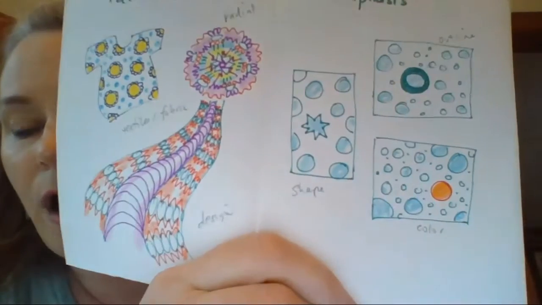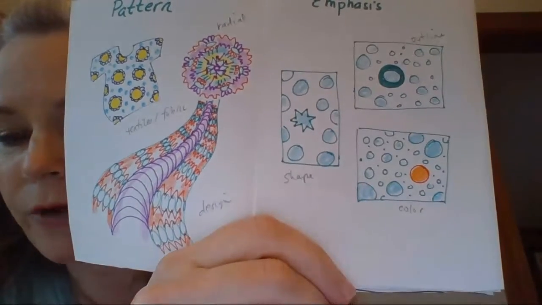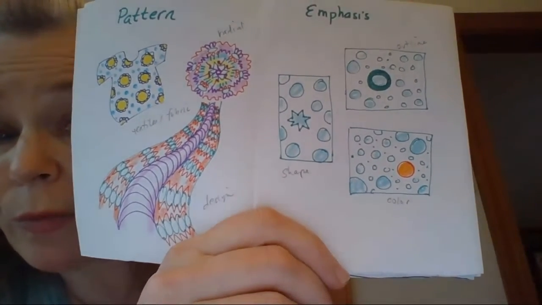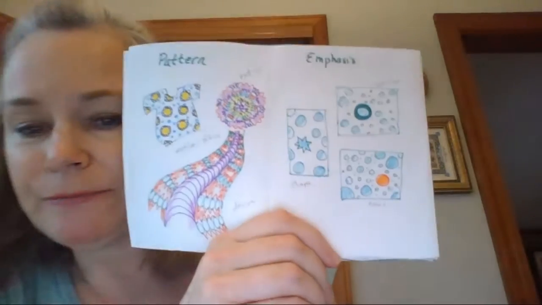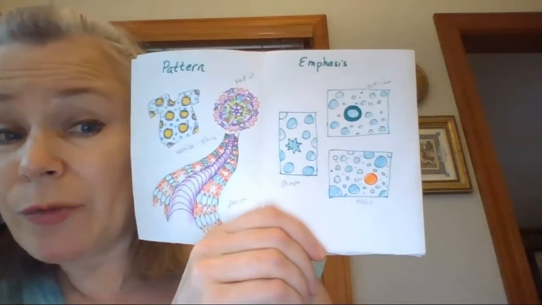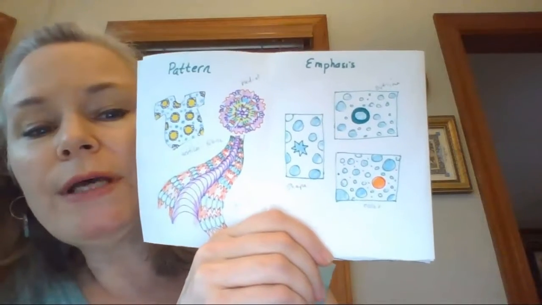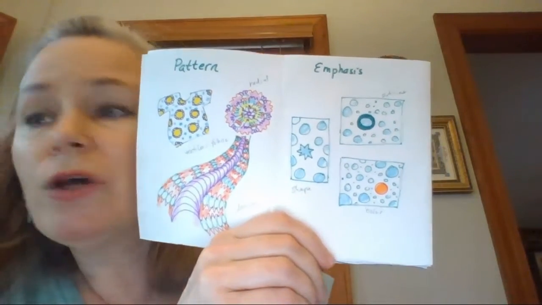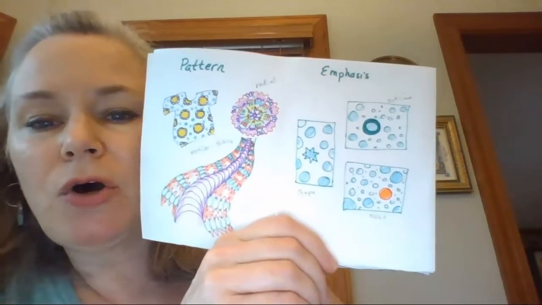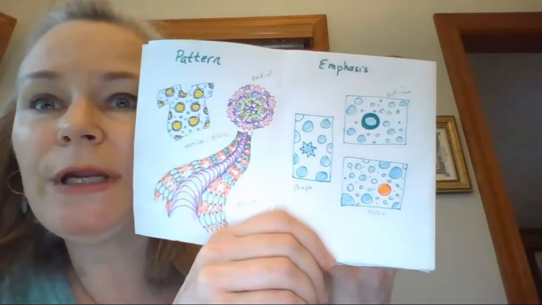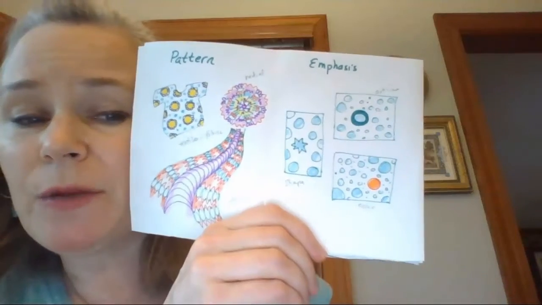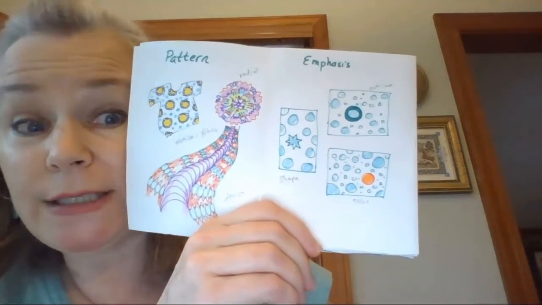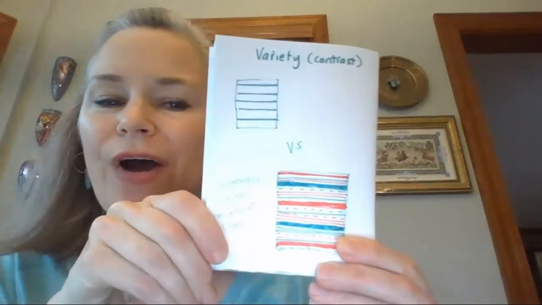Looking at that little rectangle with the bubbles, you notice that orange bubble right away because it's a different color from all the other bubbles. There's other ways to emphasize things. You can add extra details to something. You can make it a little brighter. So emphasis is just, if you want somebody to notice something in particular in your artwork, how can you make it stand out?